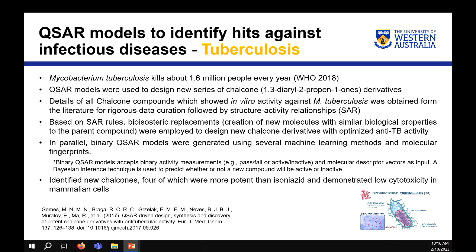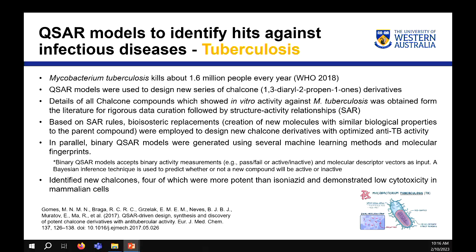The second example that I wanted to give you was on tuberculosis. Again, I'm sure you all know about Mycobacterium tuberculosis. Here, this group, Gomes et al., used QSAR models to design a new series of chalcone derivatives.